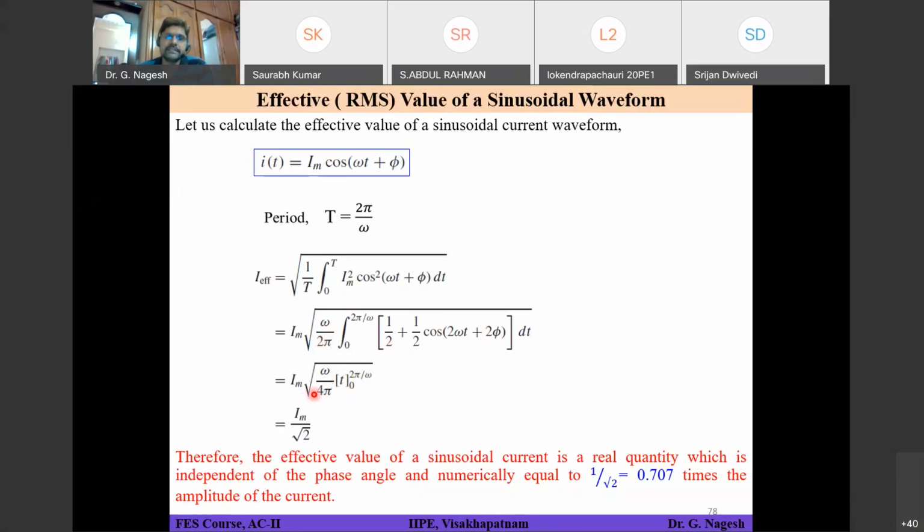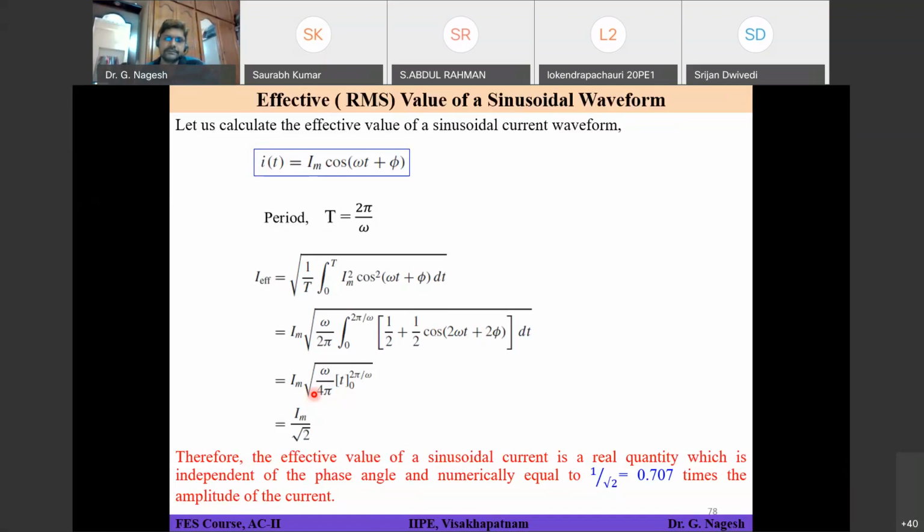You might have studied this in terms of RMS value. IRMS is I maximum by root 2. So both RMS value and effective value mean the same. This is your effective value or RMS value for a sinusoidal current. For sinusoidal voltage also it will be the same thing, which is Vm by root 2.